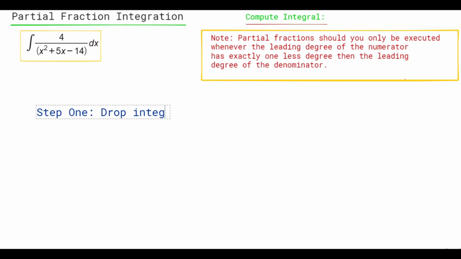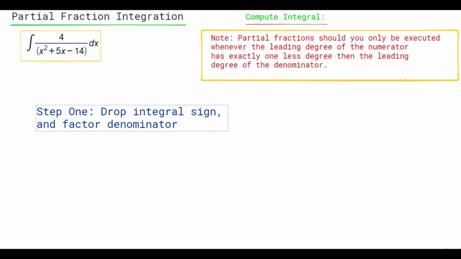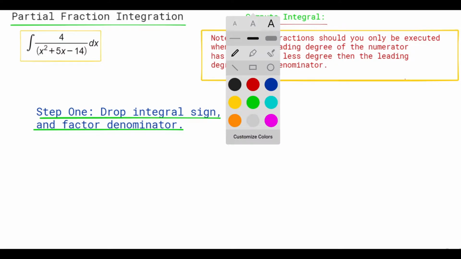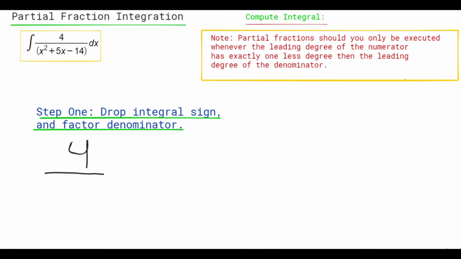So whenever we do that, we get 4 divided by x squared plus 5x minus 14.